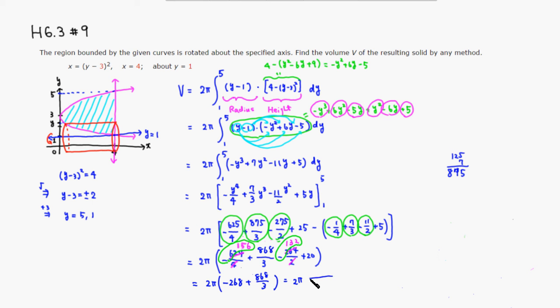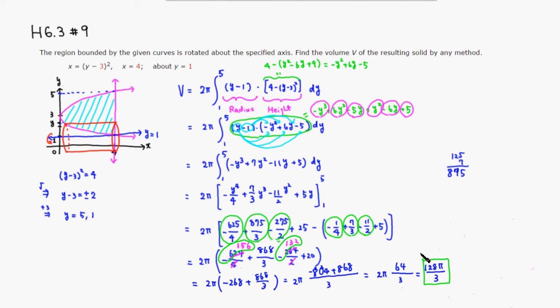The common denominator would be 3, so multiply by 3: 3 times 268 gives negative 804, plus 868. So this is going to be 2 pi, and 3 is still on the bottom, that will be 64. Multiply out, so it's 128 pi over 3. So that's the answer.